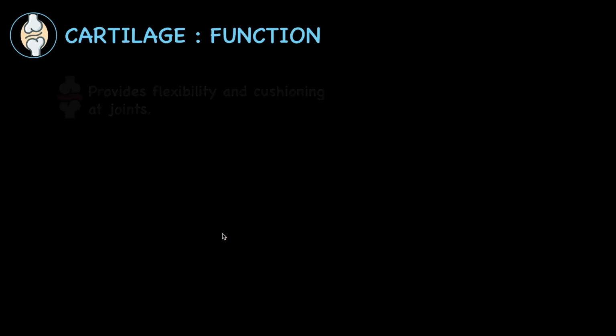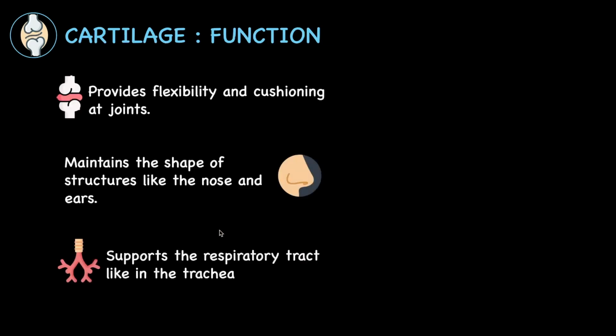Now, the reason why we have cartilage is that it is present between the joints in order to provide cushioning for them, and along with that, it helps in providing flexibility. Especially the cartilage present in the tip of the nose and in the external ear helps in maintaining the shape of these structures.